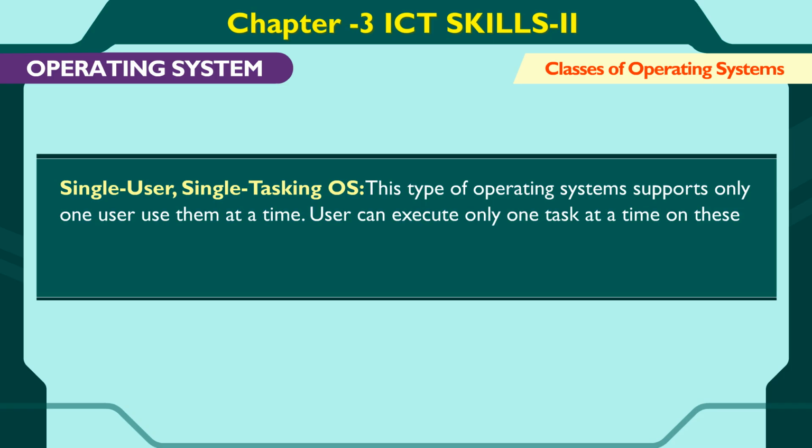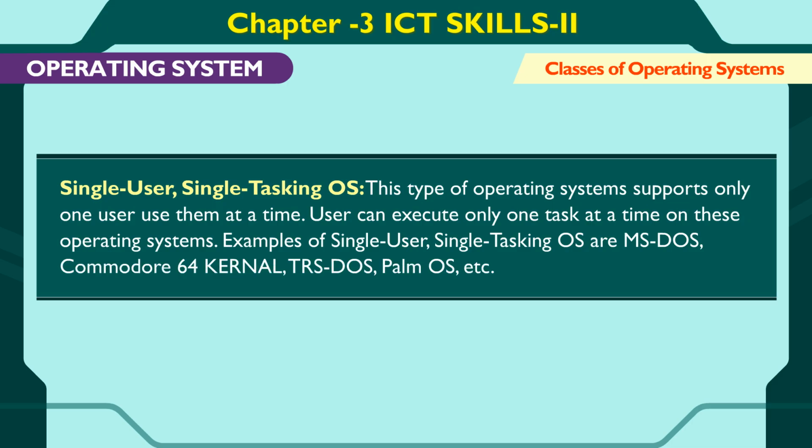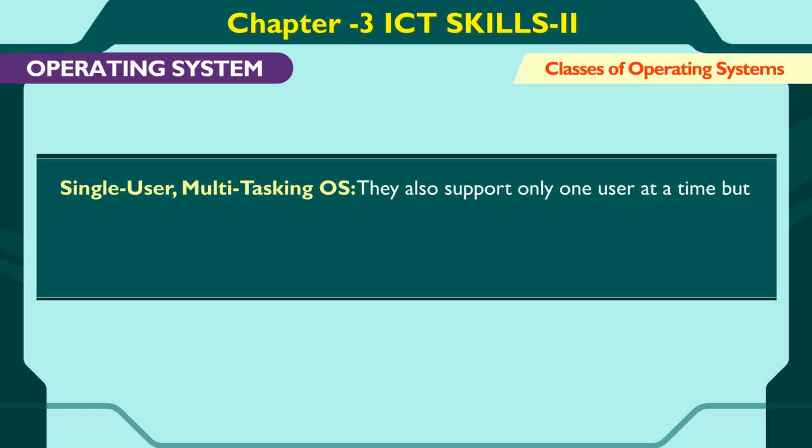The user can execute only one task at a time on these operating systems. Examples of single user, single tasking OS are MS-DOS, Commodore 64 kernel, TRS-DOS, Palm OS, etc.